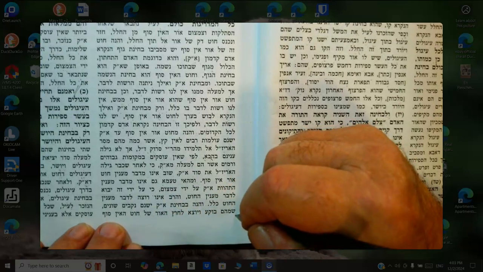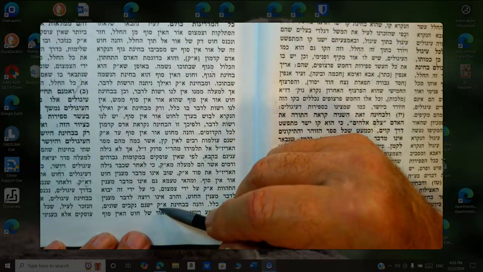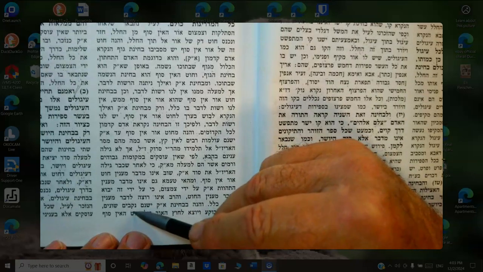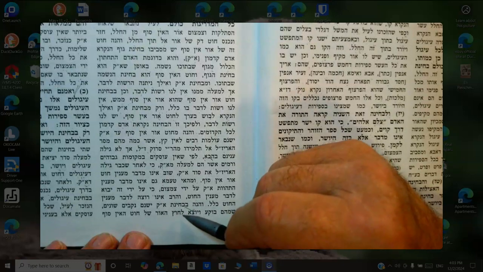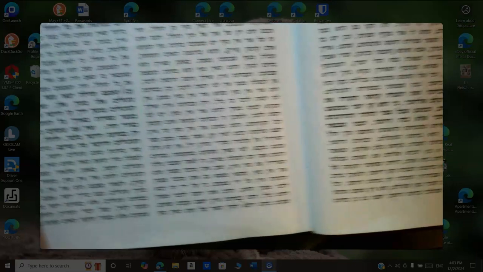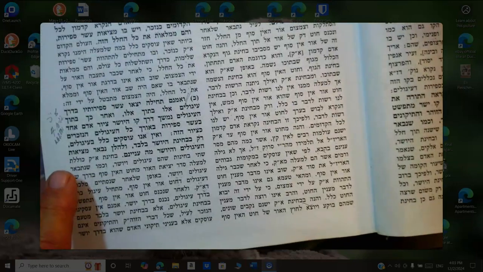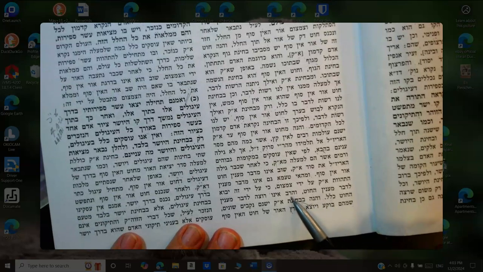There are holes within the Ak, that through those holes the Or of the Ein Sof passes out and is clothed. What does that mean? Clothed, right?